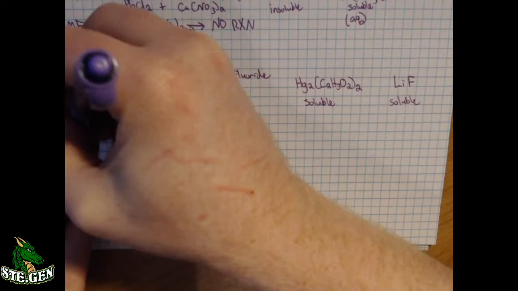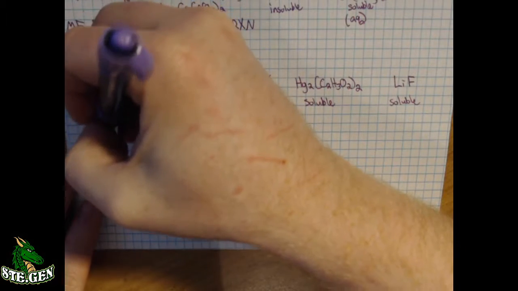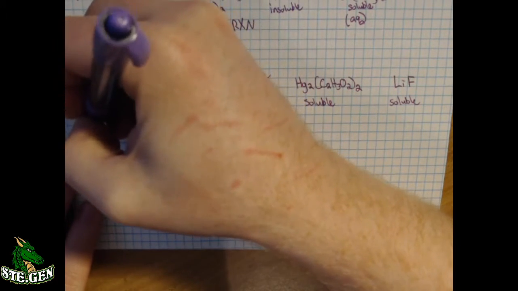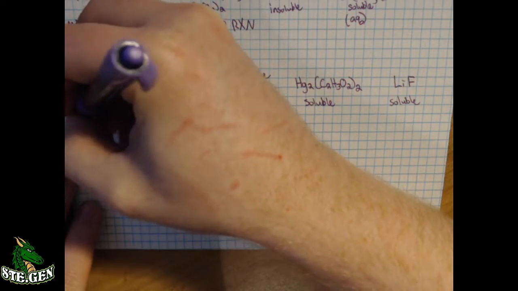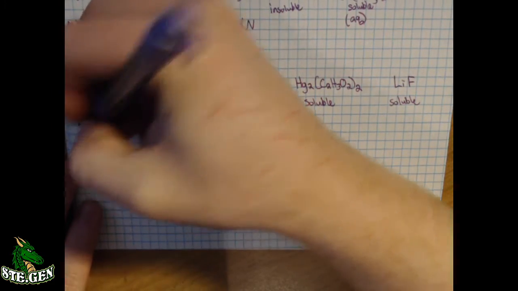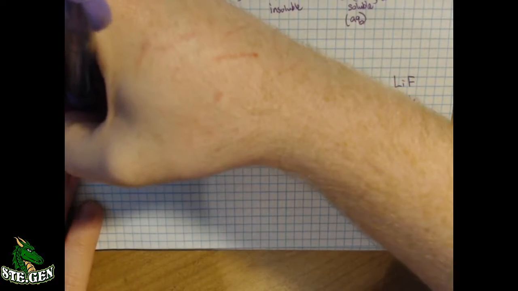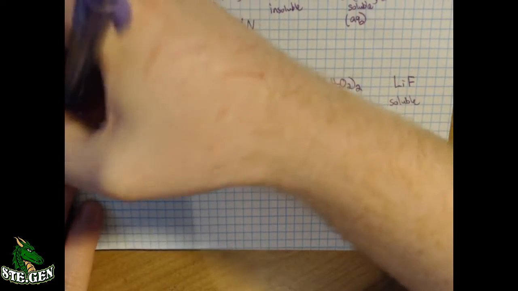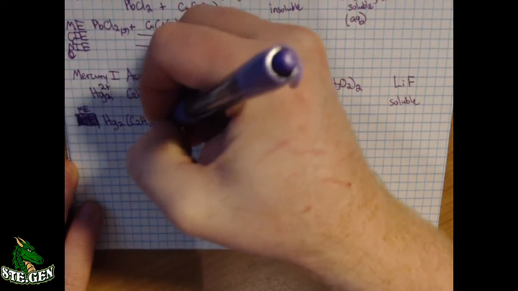So we'll start with our molecular equation. Our molecular equation is Hg2. I'm going to leave a small gap here in case I need to go back and balance it. I would not recommend boxing it. It just makes it look super messy. So we've got Hg2(C2H3O2)2.